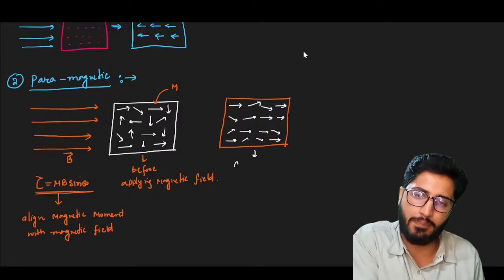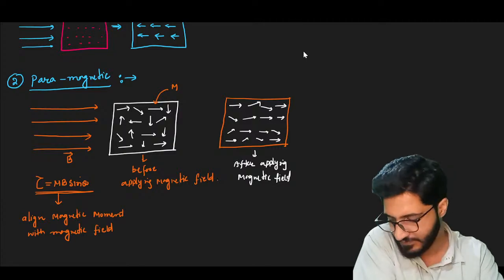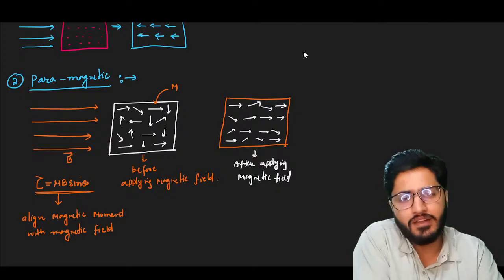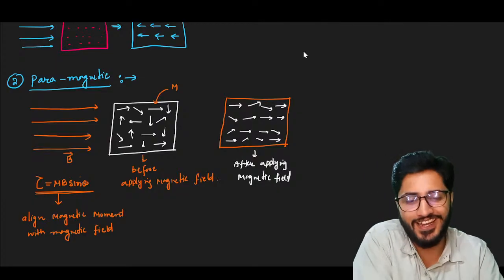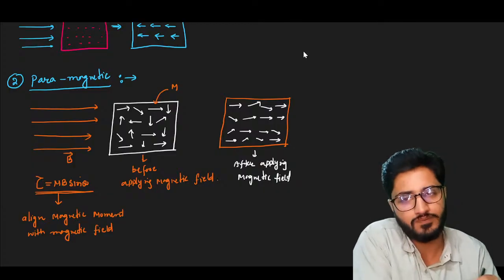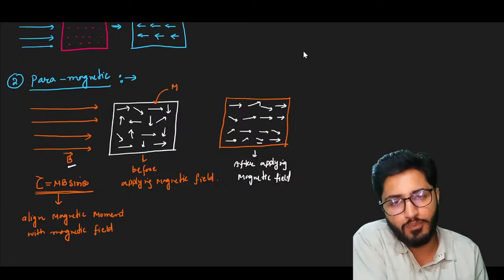This one is after applying magnetic field. So initially and finally. Look now. You can see the direction of your magnetic field and direction of your magnetic moment are in the same direction.